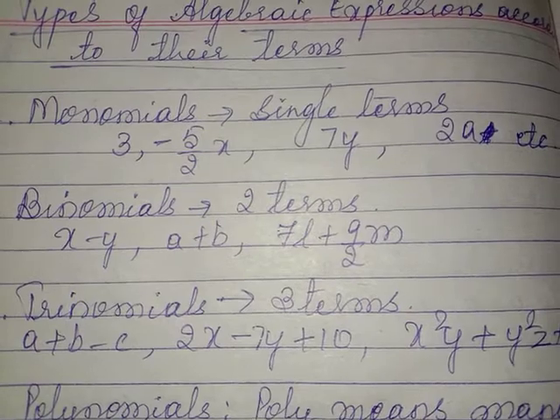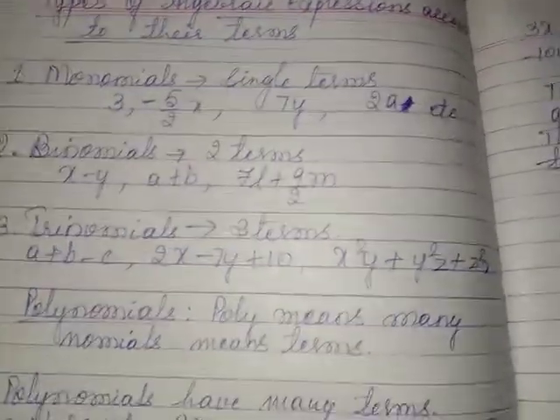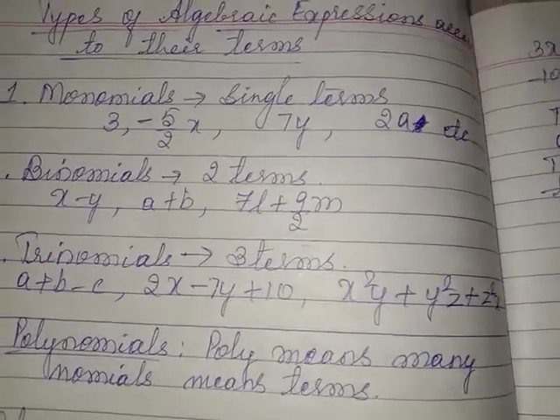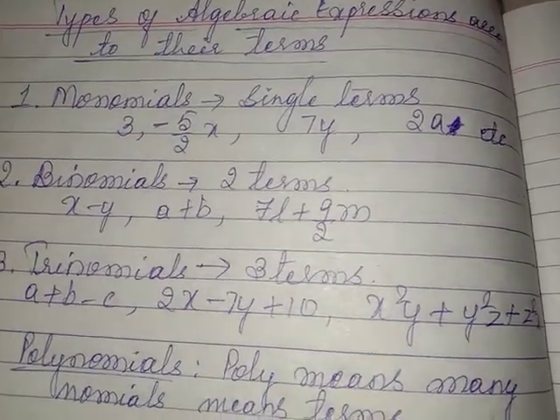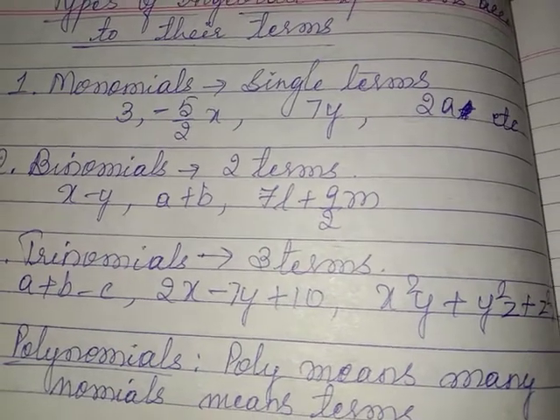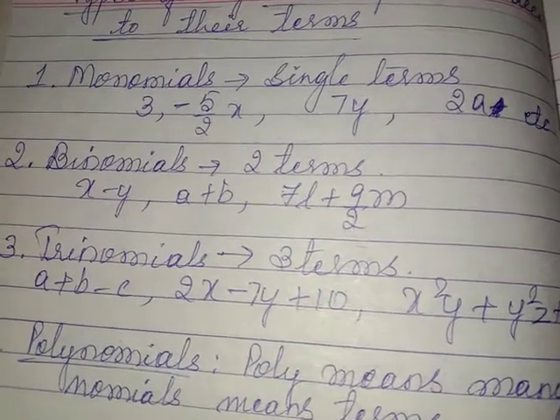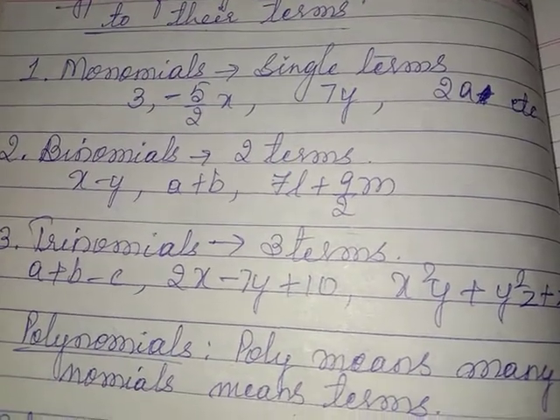There are three types mainly: monomials, binomials and trinomials. I'll tell you what polynomials are. Let us discuss first monomials, binomials and trinomials.